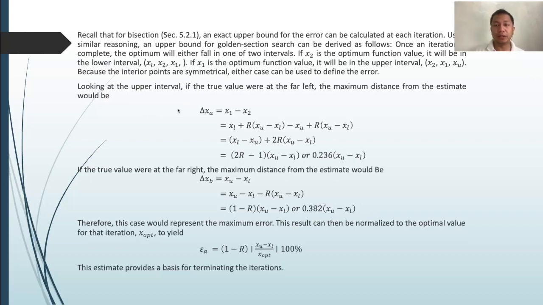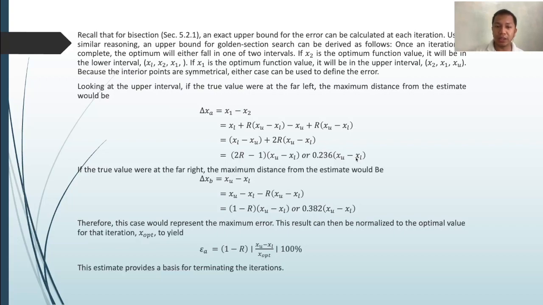Looking at the upper interval, if the true value were at the far left, the maximum distance from the estimate would be delta xa equal to x1 minus x2. Substituting the values for x1 and x2, we have xl plus R quantity xu minus xl, minus xu plus R quantity xu minus xl. This gives the result 0.236 times xu minus xl.